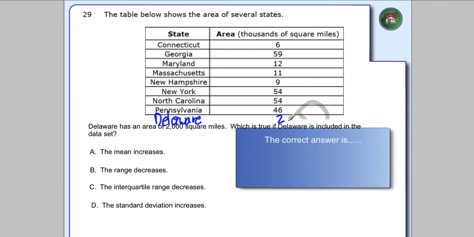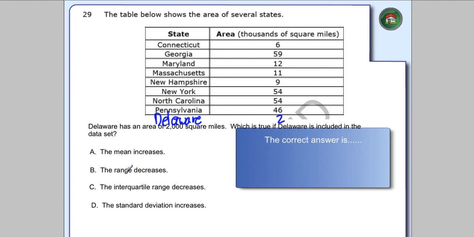So think about this. The mean is the average. So if I average these first, and I put a 2 in there, would that really change it a lot? It would change it, but would it increase the mean? No, because it's a smaller number. The range decreases, so that means it gets smaller.